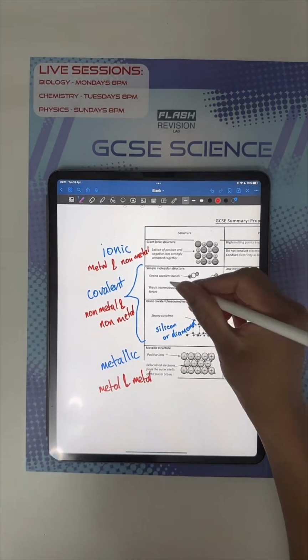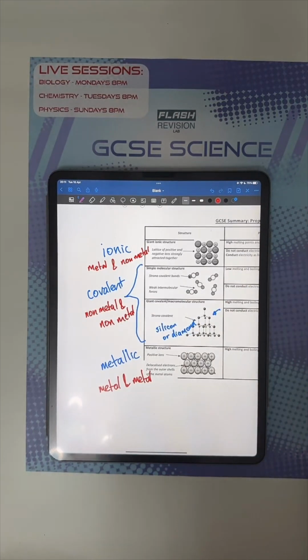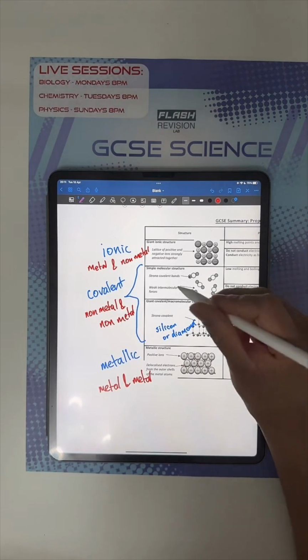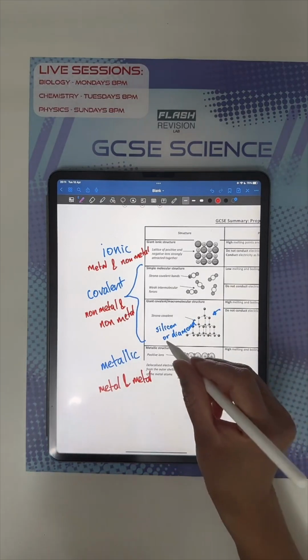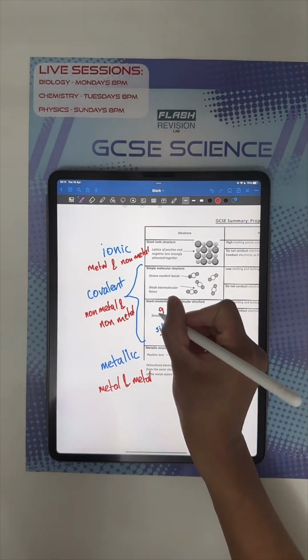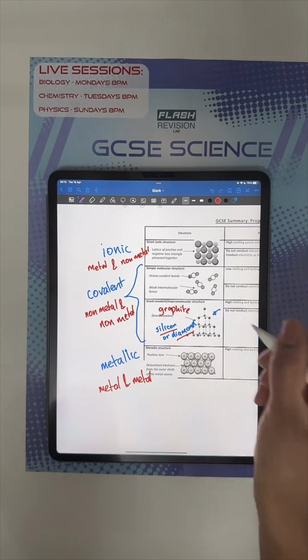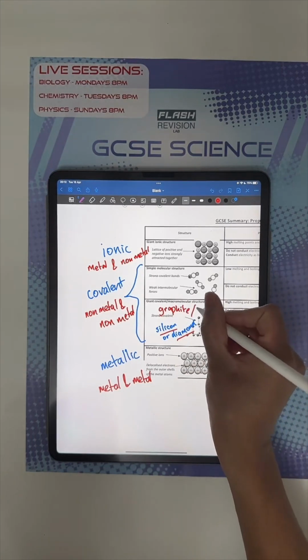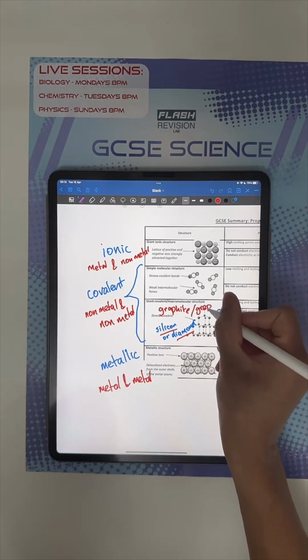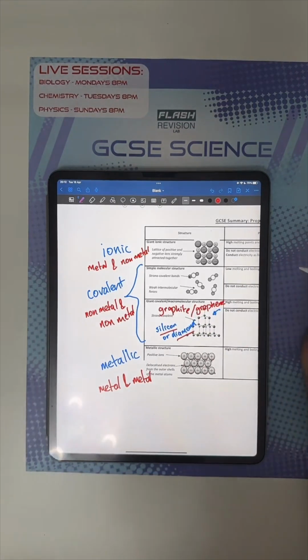So within covalent, is it simple? Is it giant? What you need to remember is pretty much everything is simple molecular unless it's silicon, diamond, or graphite slash graphene. That's another one you come across. These are pretty much the only giant covalent ones you come across.